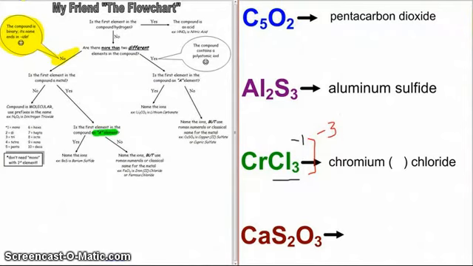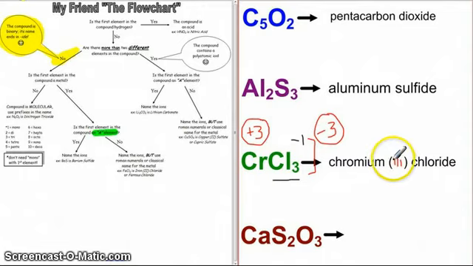Well, remember, when we write ionic formulas, they always have to equal 0. So if we've got a -3 part, then the chromium over here must be +3 to make the net ionic charge of 0. And so this is chromium 3 chloride.